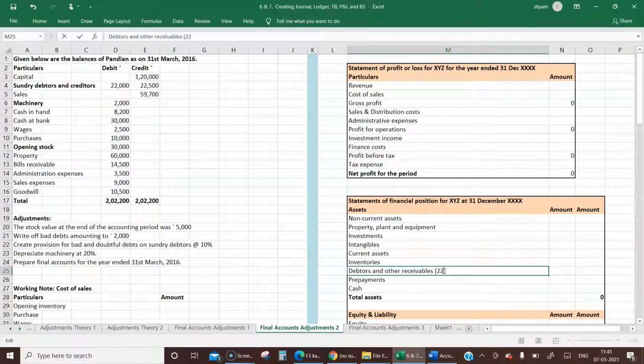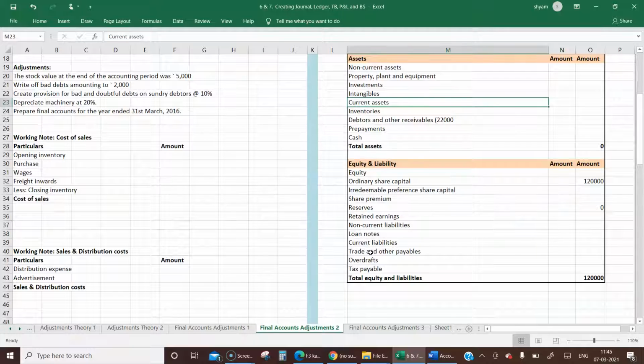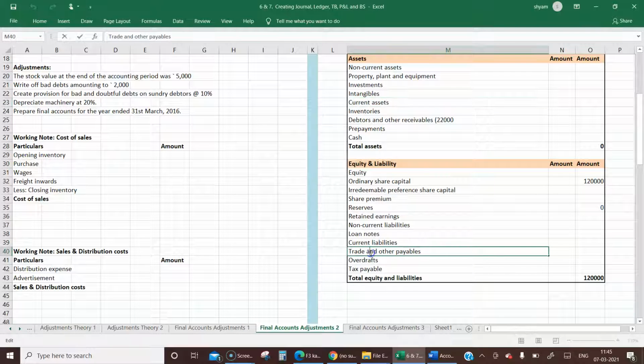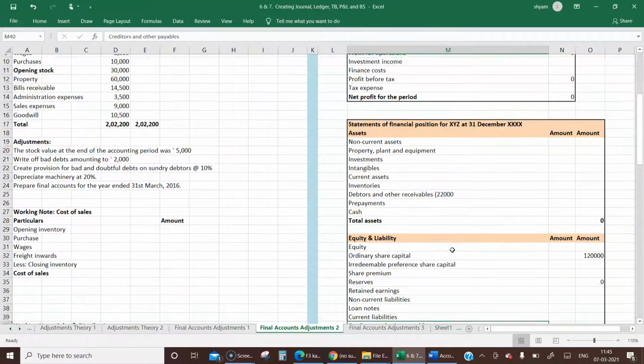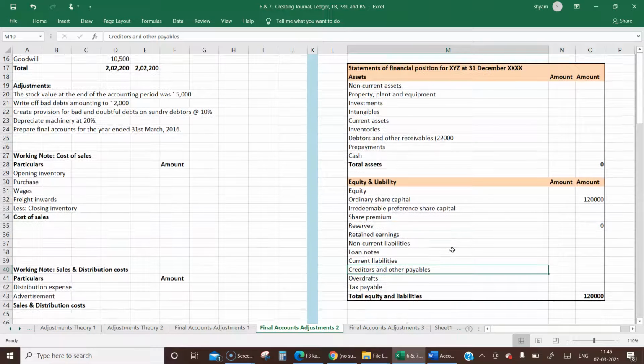The debtors value is 22,000, and we have an adjustment. So adjustment we'll see later. And we have creditors of 22,500. So creditors are here. Creditors are 22,500.